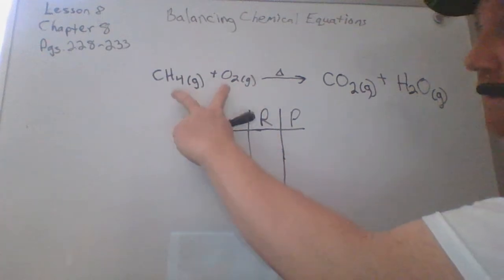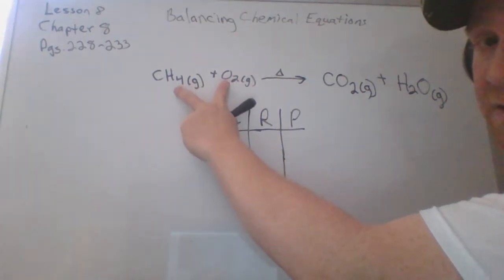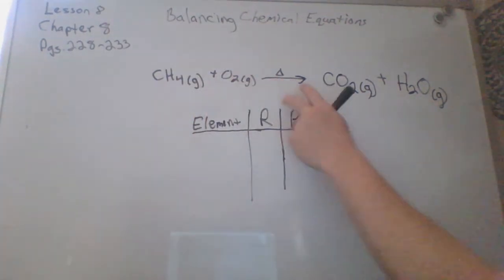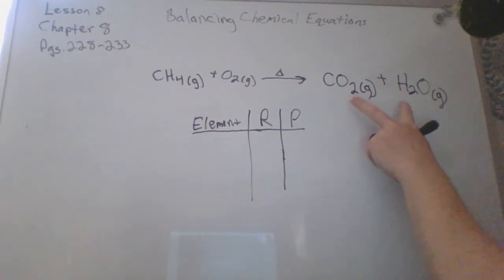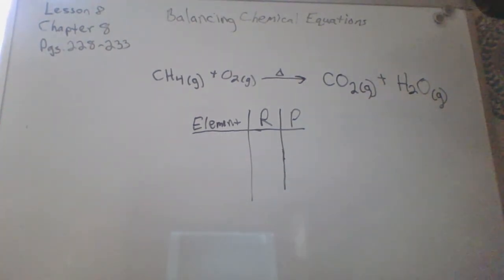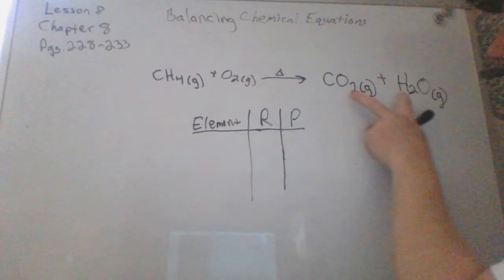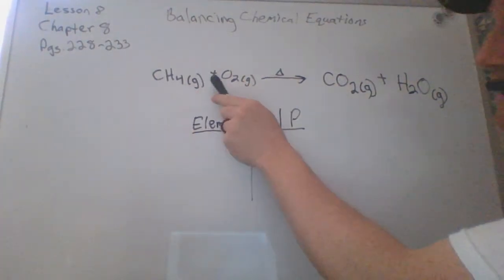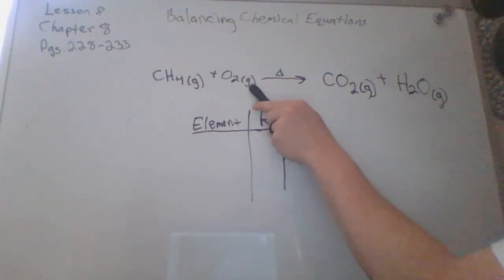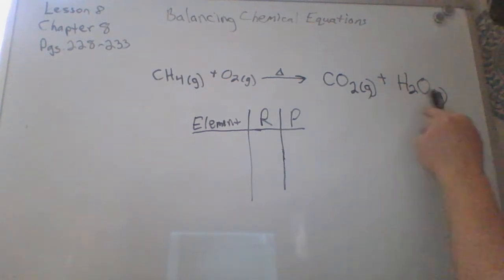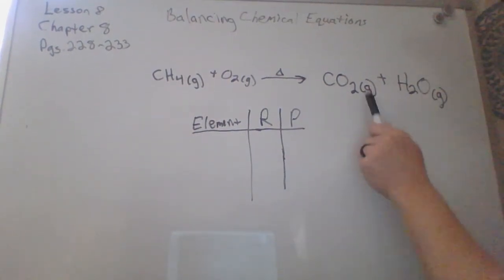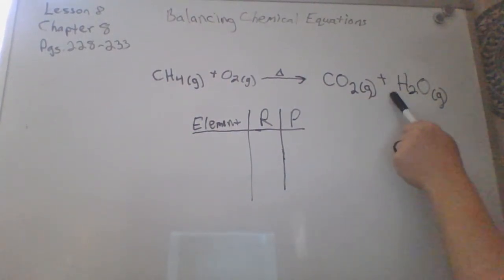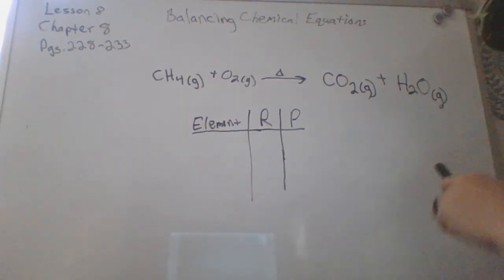Something is causing these two reactants on the left side of the arrow to produce two different products on the right side of the arrow. So two reactants, two products. Methane gas plus oxygen gas, notice we have our symbols, all of these chemicals are gases, will produce carbon dioxide gas and water. But our job is to figure out if the equation is balanced or not.